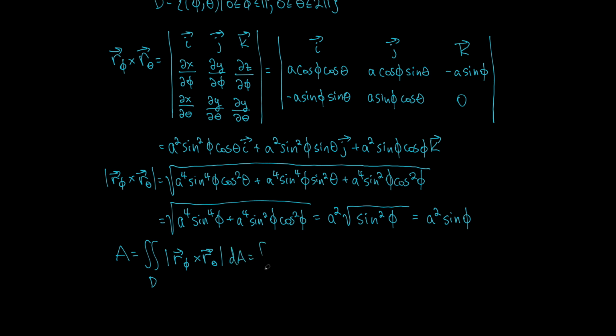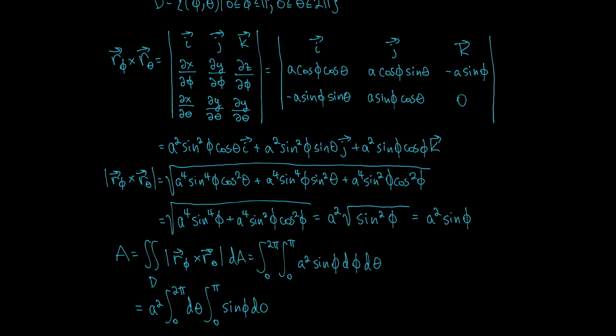And that'll be the integral from 0 to 2 pi, 0 to pi, a squared sine phi d theta, which is a squared times the integral from 0 to 2 pi d theta, and then the integral from 0 to pi of sine phi d phi, which is a squared times 2 pi times 2, which is 4 pi a squared.